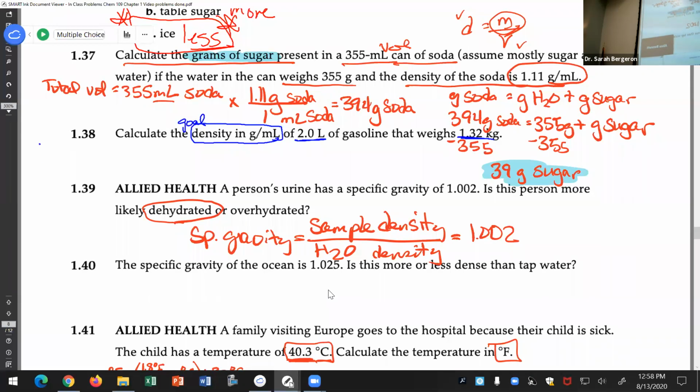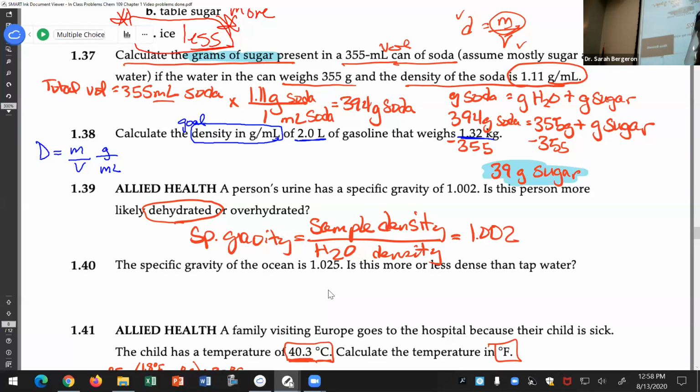So what you have to remember with density, what's the formula for density? It's mass over volume. DMV. Do it in that order, like you're going to the DMV. Okay, but what are my units? Units are important. What are my units on mass? Grams. What are my units on volume? Milliliters.